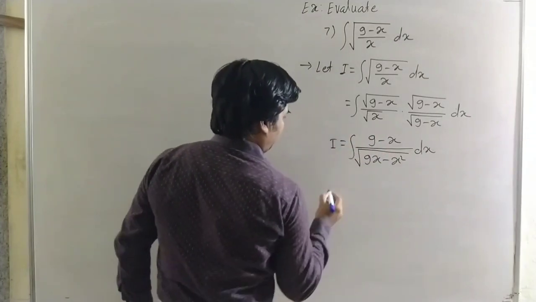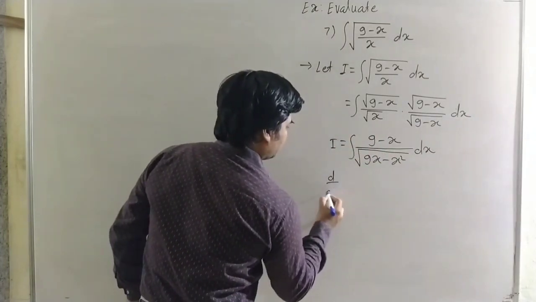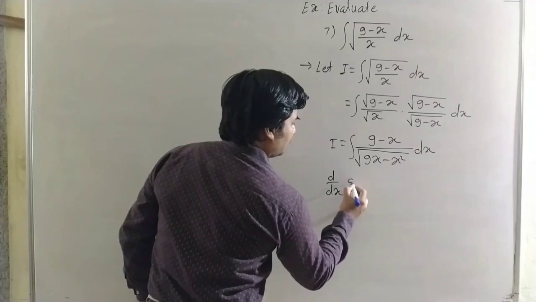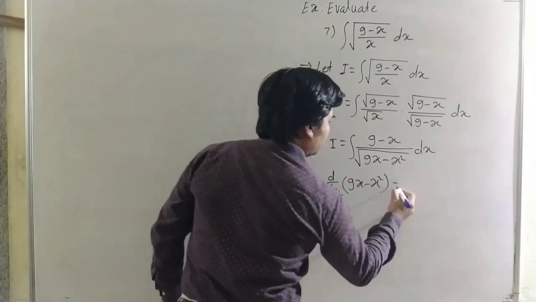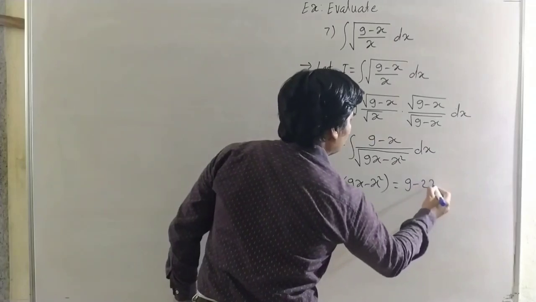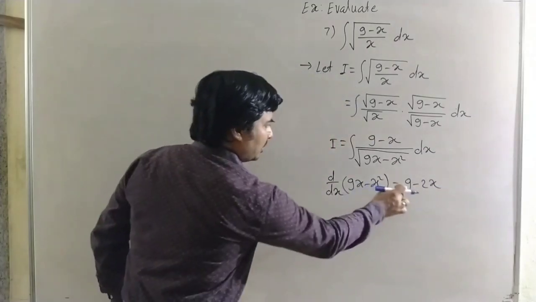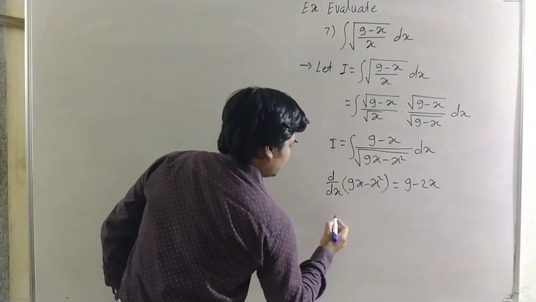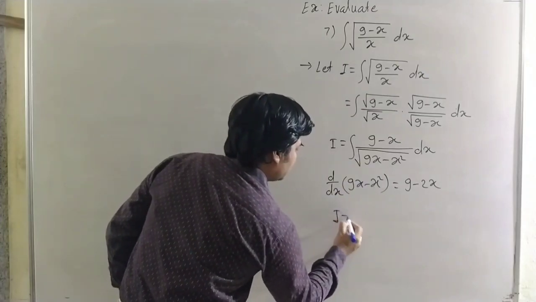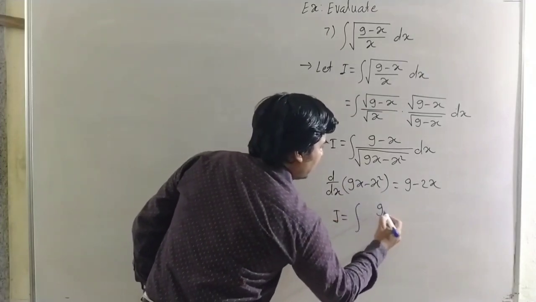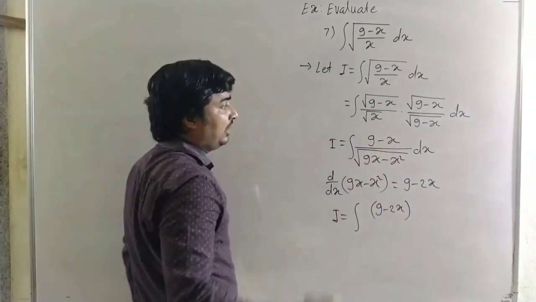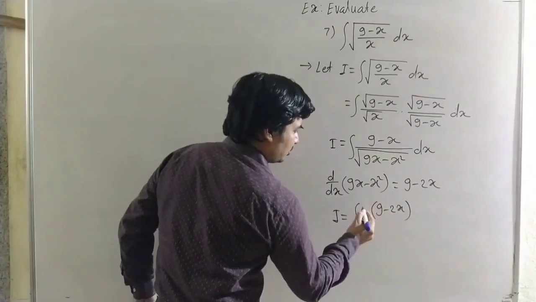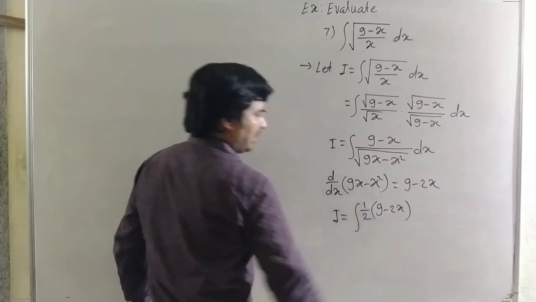Now the derivative of 9x minus x square is equal to 9 minus 2x. Now this derivative we adjust in this term. Therefore here the integral is equal to 9 minus 2x, but here the variable is only minus x and here minus 2x, so we multiply by 1 by 2.